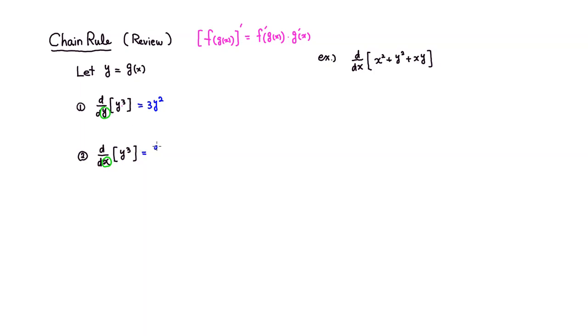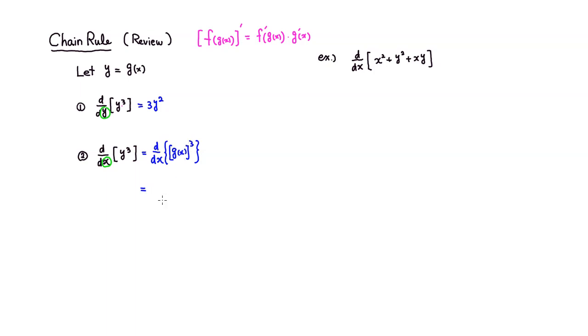So we're taking a derivative with respect to x, but inside you're going to have y is g of x, so I'm going to put g of x, and you have to cube that since it's a y cubed. Then we're taking the derivative of that. So we can simply apply the chain rule, or you can call it a general power rule in this case.